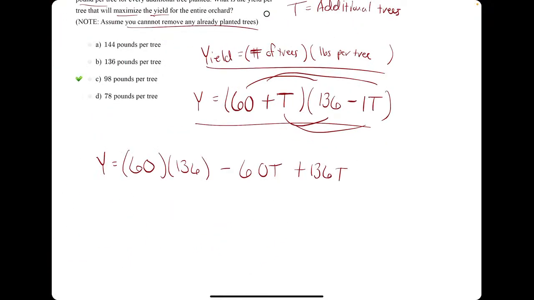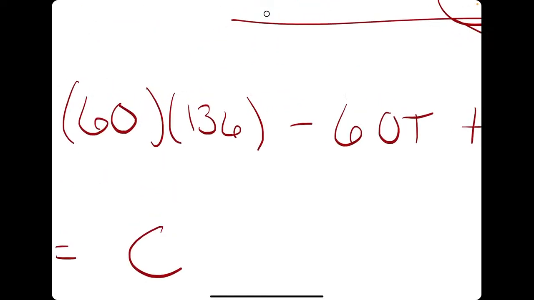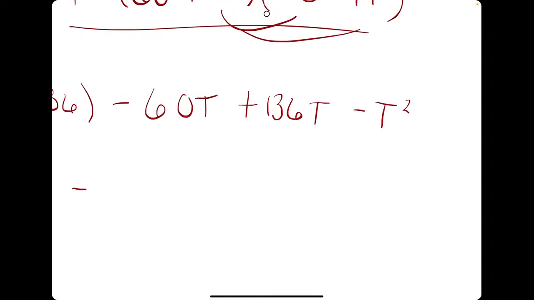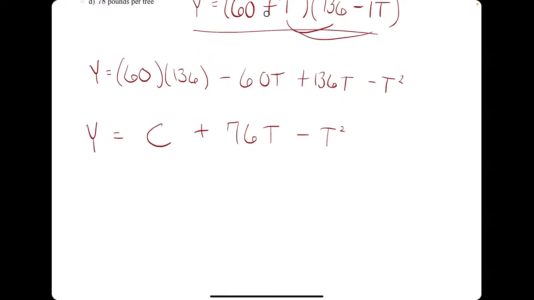T times negative t is negative t squared. We have this constant, I won't even worry about that. Minus 60 plus 136, in other words, 136 minus 60 should be, hopefully, 76t. And then minus t squared.